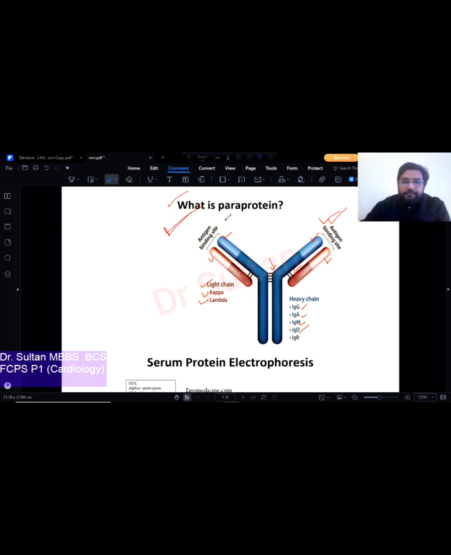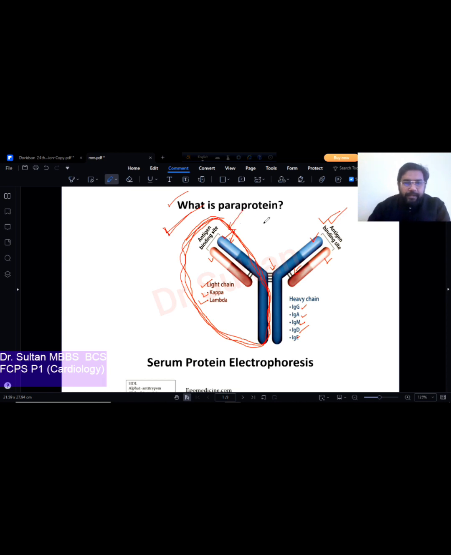So if there is only one heavy chain and one light chain, that will be a paraprotein. This segment that I'm marking here, if an immunoglobulin presents with just one heavy chain and one light chain, it will be a paraprotein.